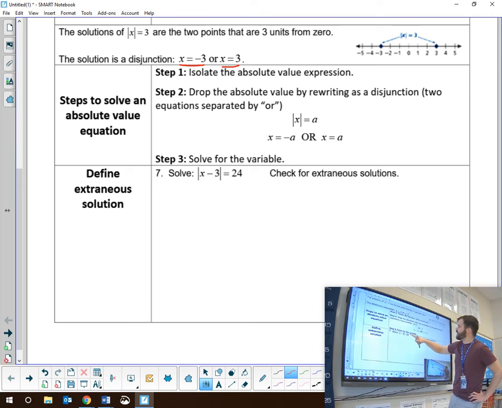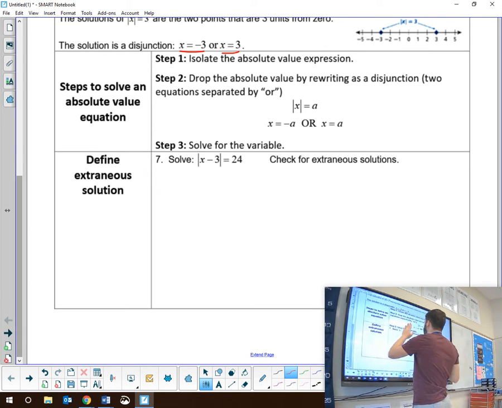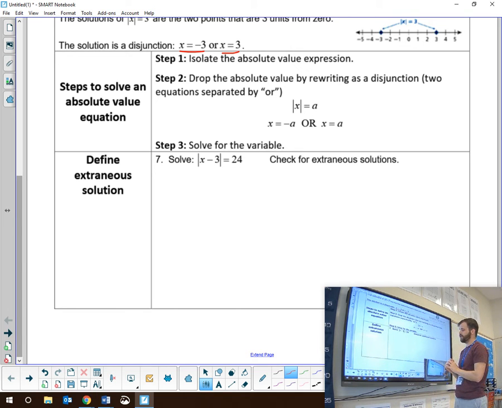Well, whenever we look here on number 7, I have the absolute value of x minus 3 equals 24. Well, this whole thing could be equal to 24, but if negative 24 was inside of here, it would still work, right? The absolute value of negative 24 is also 24.